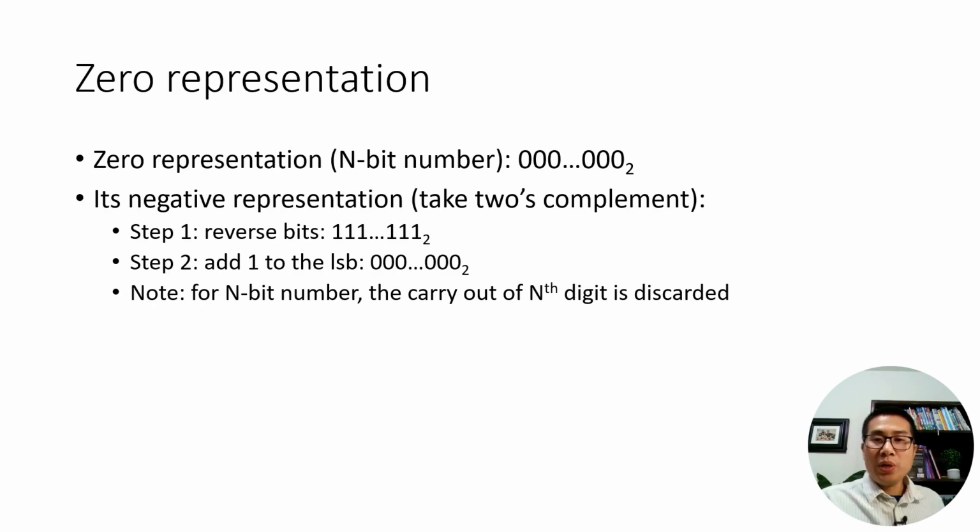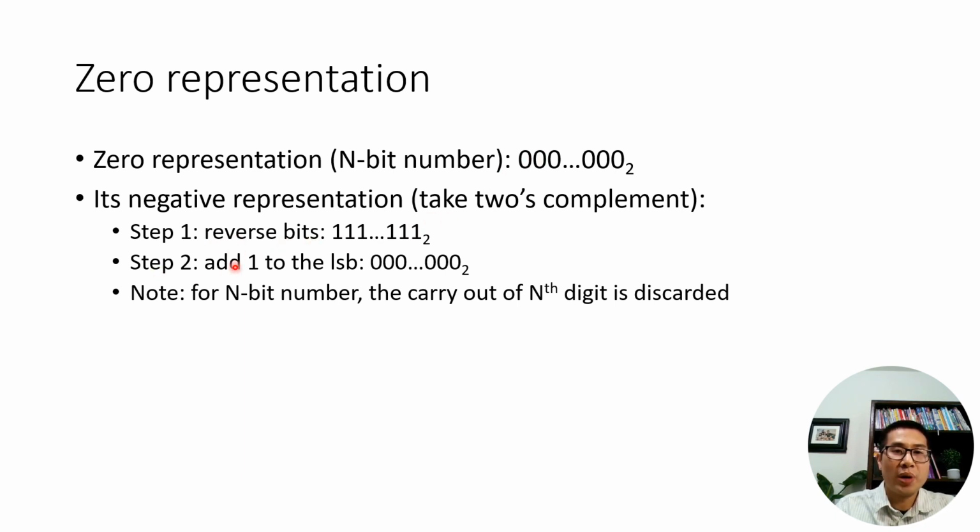Now, if we use two's complement, then the 0 representation is going to be all zeros. And do we have the problem of having two different representations of zero or not? Let's say we perform the negative version of that positive 0 by taking the two's complement. First we reverse the bits, all 0 become all 1.